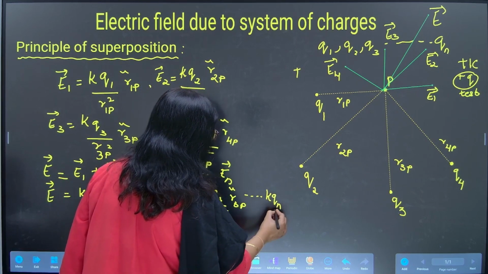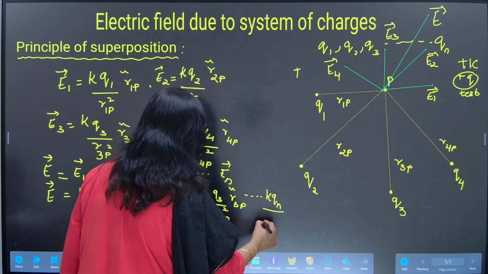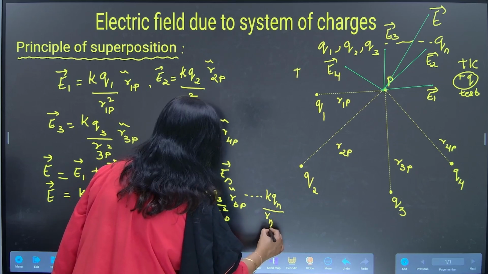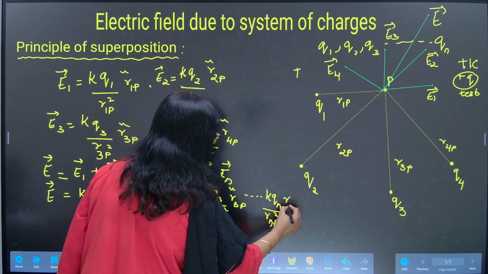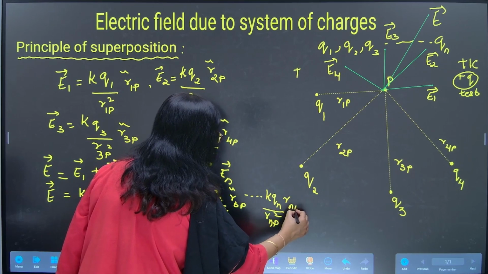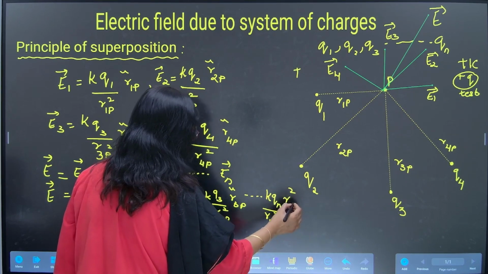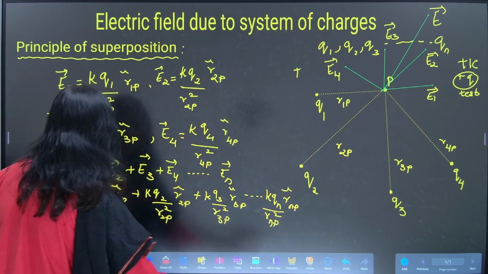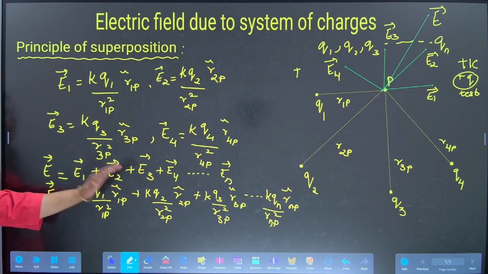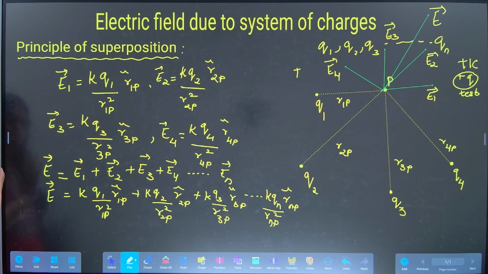I have not shown Qn, but it is understood that if we have n charges, we get Qn upon RnP square, RnP cap. So we get this as a vector addition.